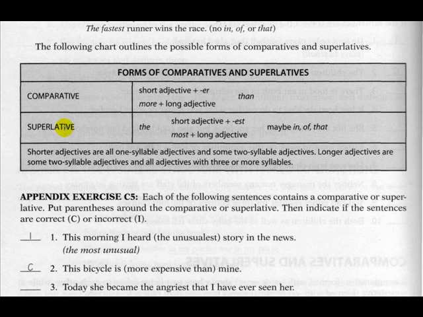Okay, then it's a short adjective, so we will take the ER ending on that, and we have than. So the right answer for that should be the gray cat has a nicer disposition than the black cat.